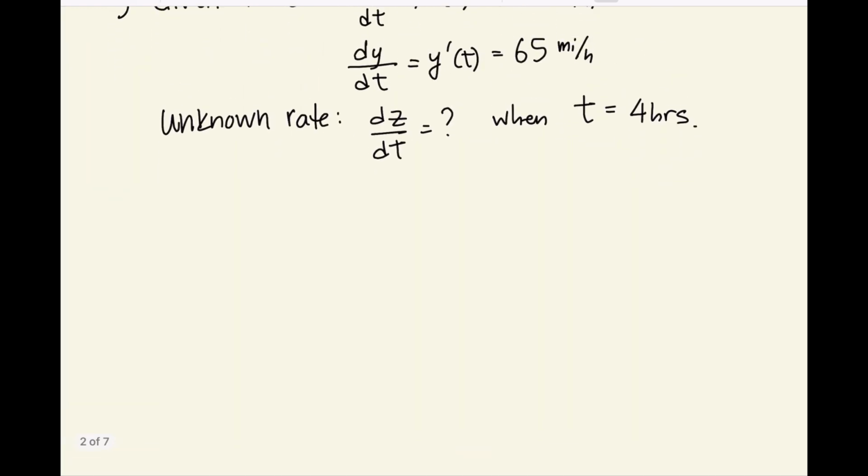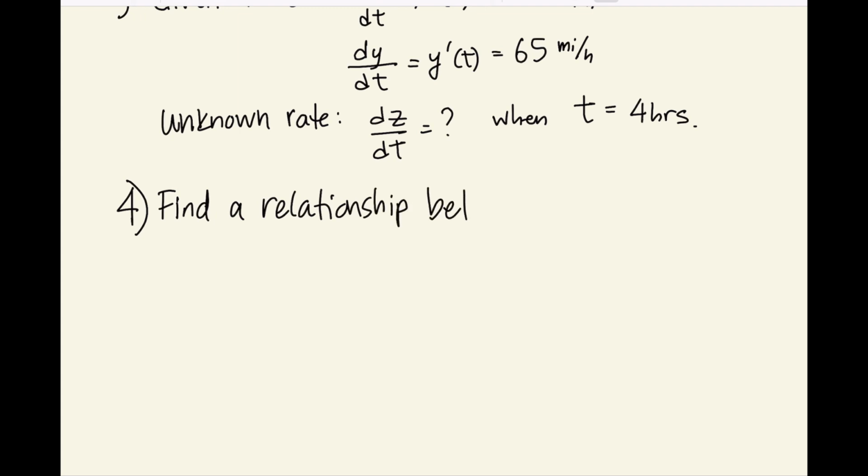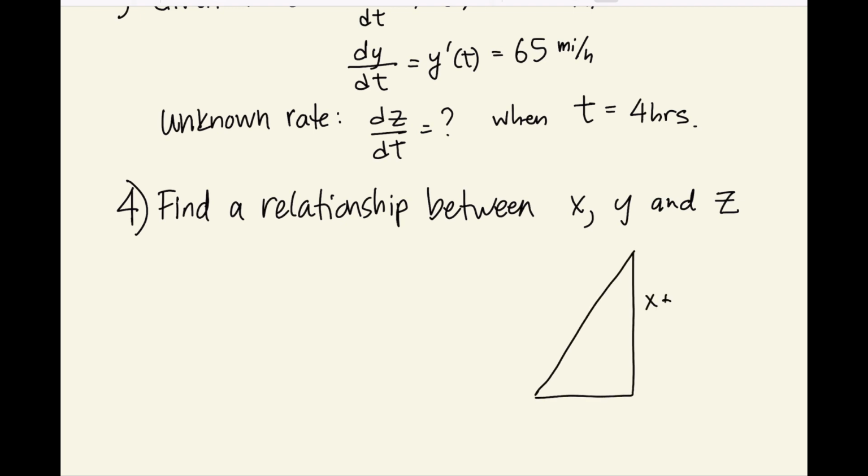So we're going to find a relationship between our quantities that are changing, so between x, y, and z. And as I said above, we looked at the big triangle and we saw that this side was x plus y, this side was z, and this side stayed 100.